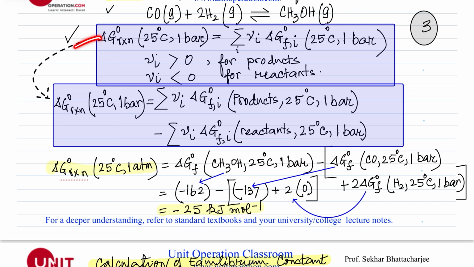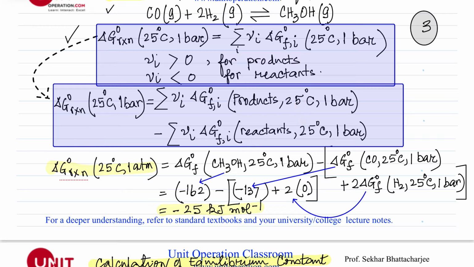If I simplify this, we can say this is equal to this. That means we do it for products, minus the Gibbs energy of formation for each reactant multiplied by the corresponding stoichiometric coefficients, both at the standard state.